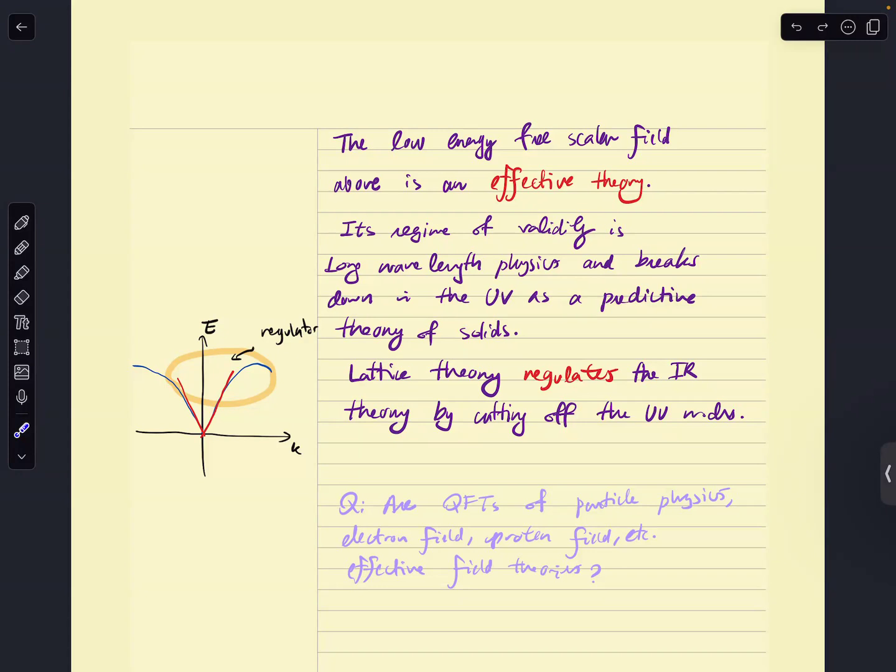Imagine this story that we just described, seen from the point of view of a low energy observer who doesn't know about the atoms and these springs. What do they see? They see these phonons propagating, the same way that we see, for example, electrons propagating. They see that the particle number is not conserved. So what's their natural thing to do? To postulate a phonon field and try to quantize it, build a quantum field theory of phonons.